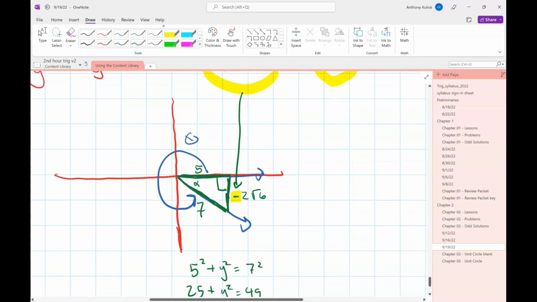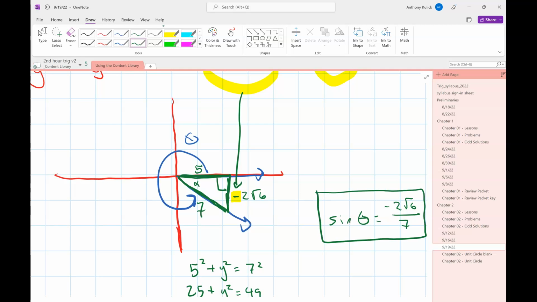If he said because it's in quadrant 4, that's fine. Everybody's cool? Now everything's done. So all we need to do now is evaluate sine. So sine is opposite over hypotenuse. And we're done. What do you guys think?